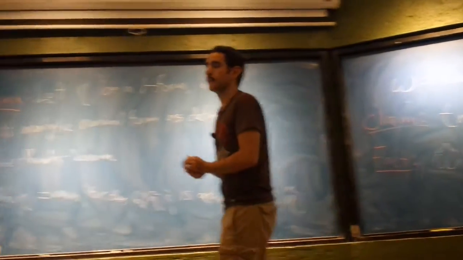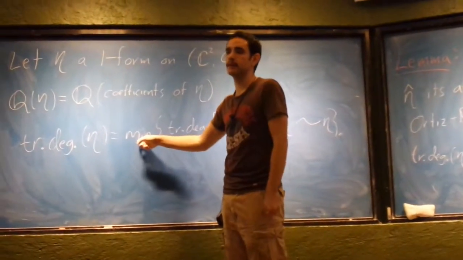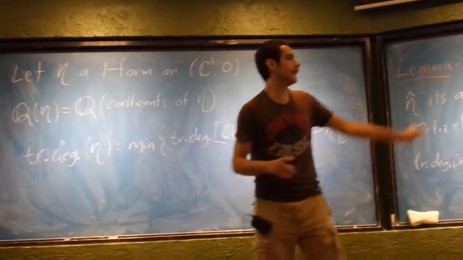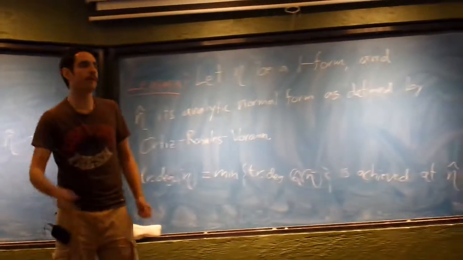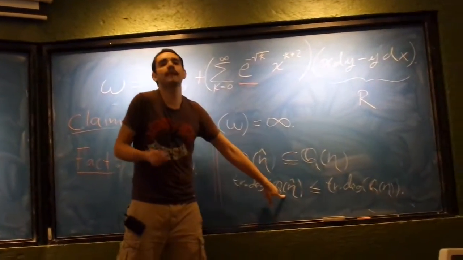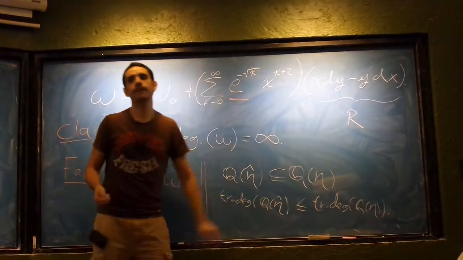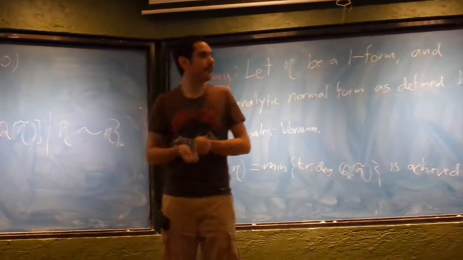So if the transcendence degree was not minimized at the normal form, it would be minimized at some other one form. And then I do this to obtain the normal form and see that the transcendence degree at the normal form is actually as small as the other one. So we definitely achieved the minimum here. So that proves my claim.